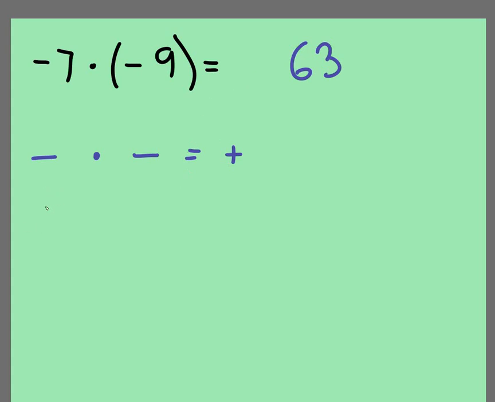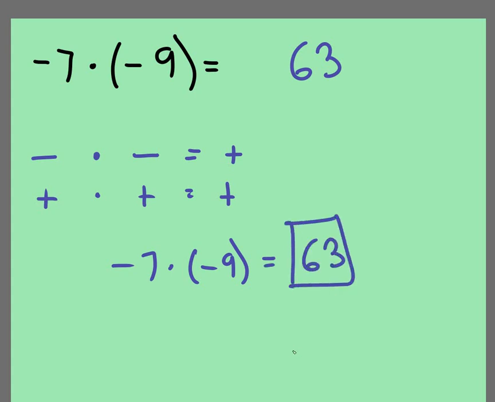They negate. And obviously, a positive times a positive is going to be a positive. So that means that this is a positive 63. So negative 7 times negative 9 equals 63.